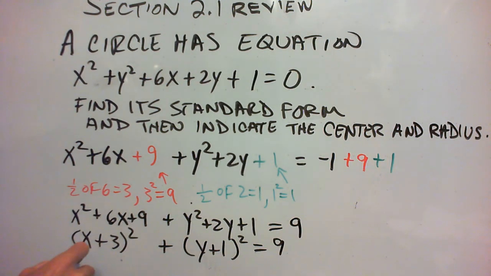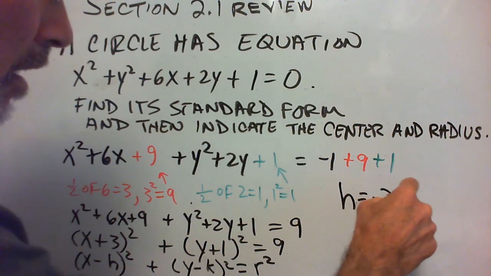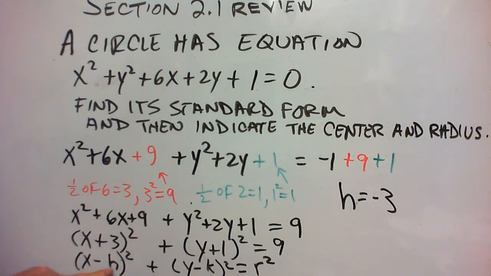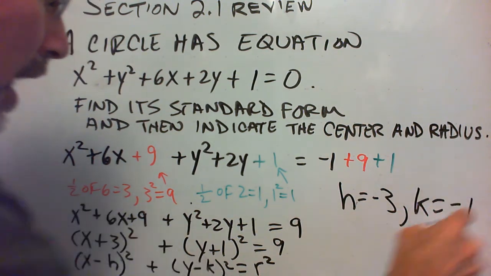Now, equating this to the standard form, (x minus h) squared plus (y minus k) quantity squared equals r squared, we find that h has to be negative 3, because it's x minus a negative 3 to make the x plus 3. k has to equal negative 1.